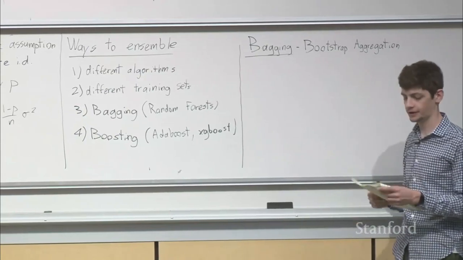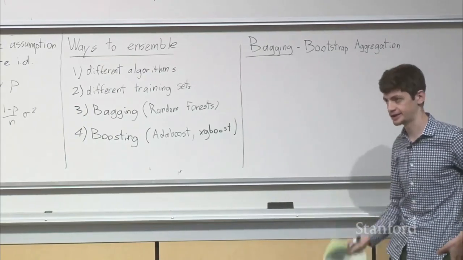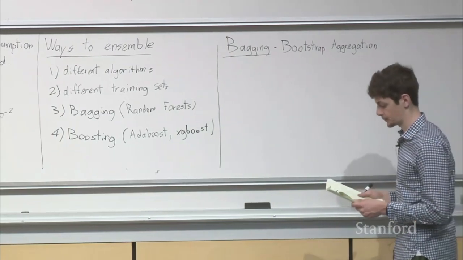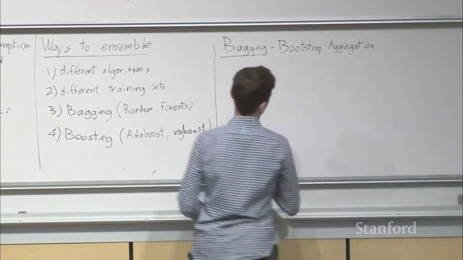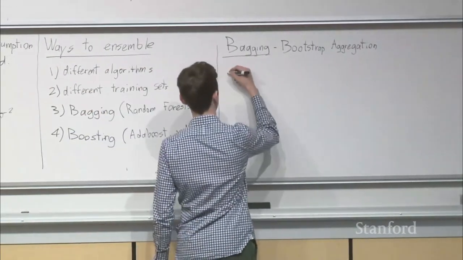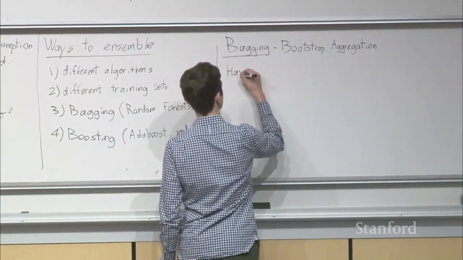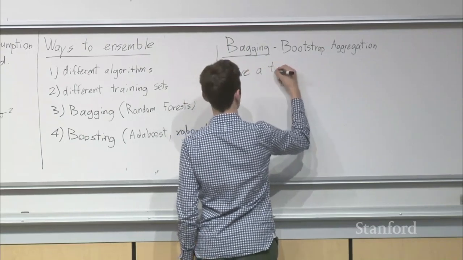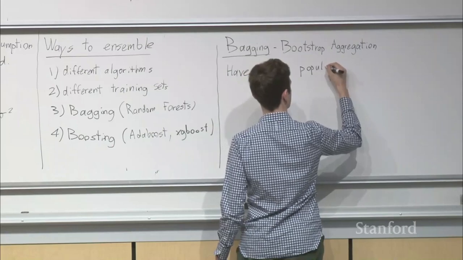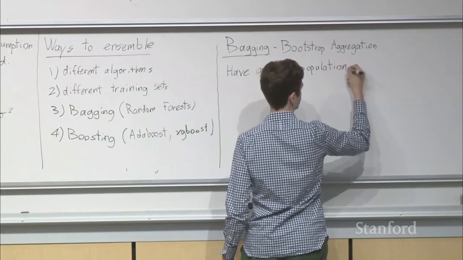Bootstrap is typically a method used in statistics to measure the uncertainty of your estimate. Okay. And so what is useful to define in this case, when you're talking about bagging, is you can say that you have a true population P, okay?